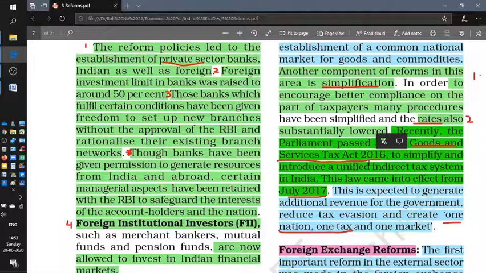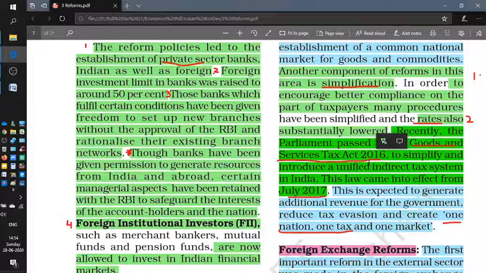It's the unified indirect tax system, replacing many taxation systems, like sales tax from one state to another state. Because one good passing from one state to another state had to pay tax whenever it crossed the border. Now that has changed. There is only one tax for the whole country.